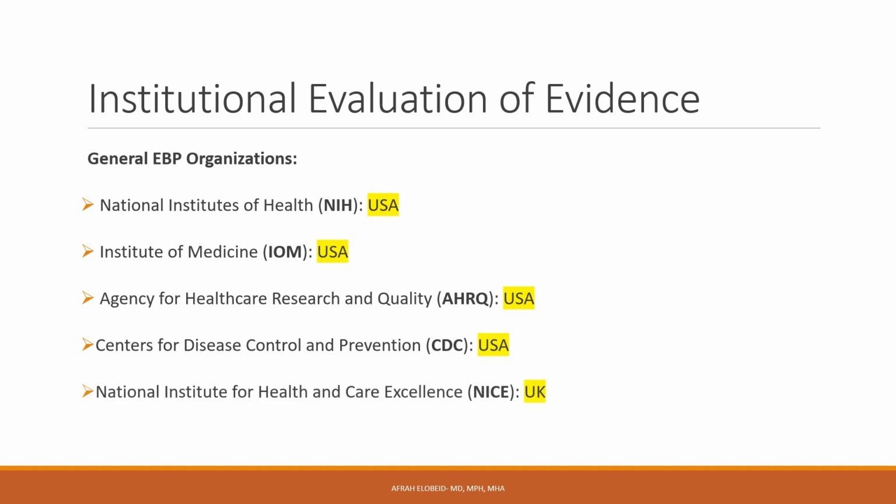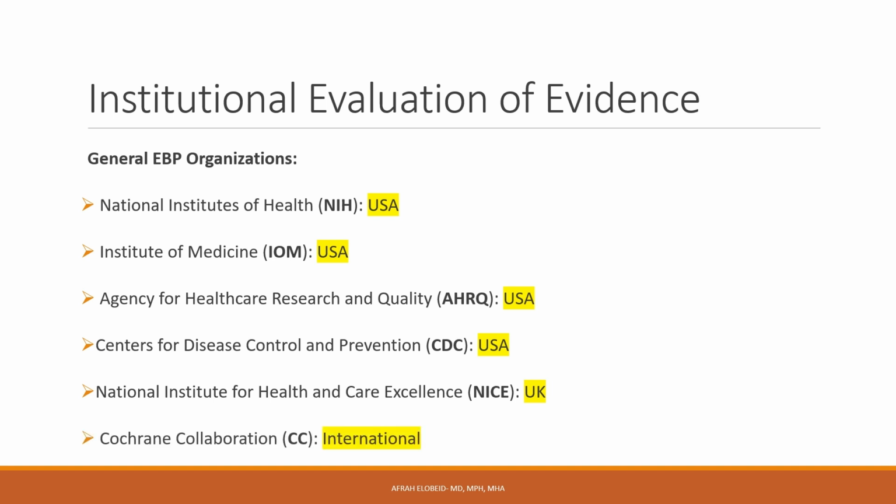We also have the National Institute for Health and Care Excellence, the NICE. It's also well known to clinicians, with NICE guidelines for almost every disease that you might encounter, and it's based in the UK. It provides evidence-based guidance on almost every healthcare intervention that you need.